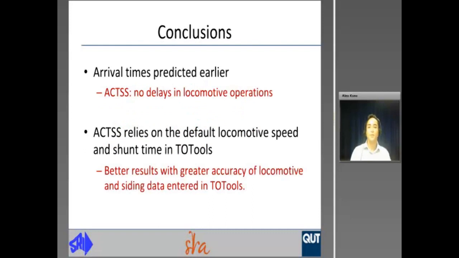As a conclusion, arrival times are predicted earlier because ACTS simulates ledgers with no delays in locomotive operations. And apart from that, ACTS relies on the default locomotive speed and shunting times, which are entered in Tilt Tools. Which means the algorithm will deliver better results with greater accuracy of locomotive and siding data in Tilt Tools.